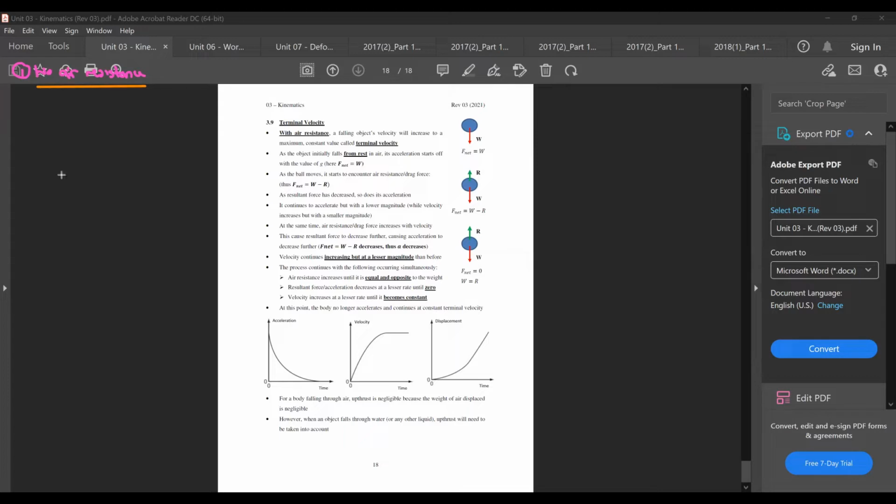I go and drop an object, a ball, say for example. The only force acting on the object would just be the weight, and your acceleration here would actually just be equal to g.